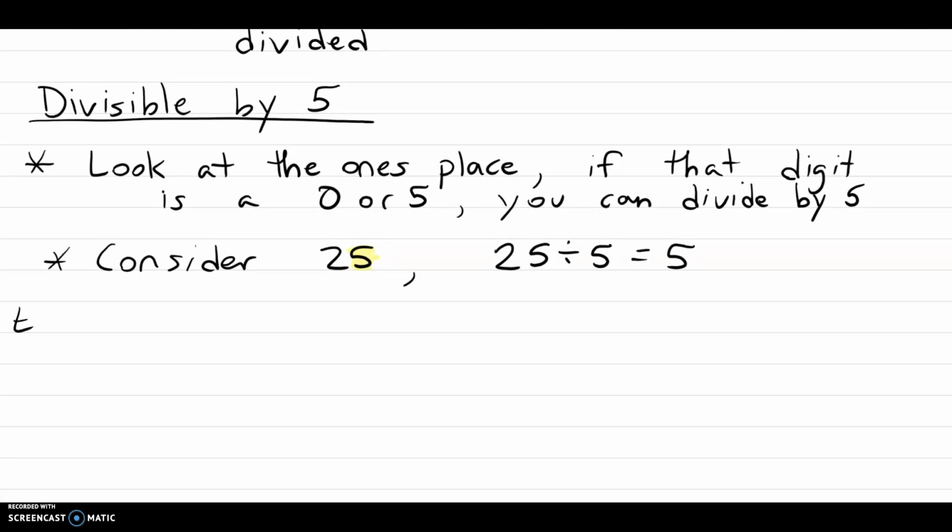So for our example, which are divisible by 5?